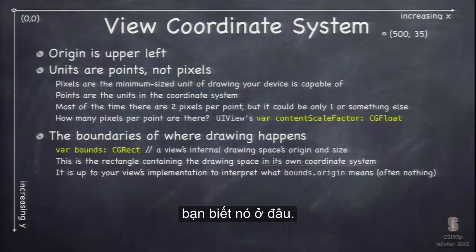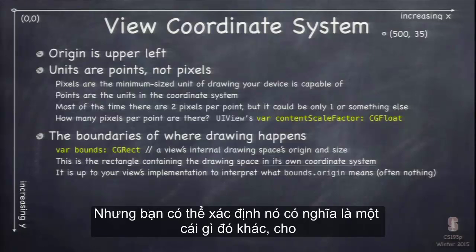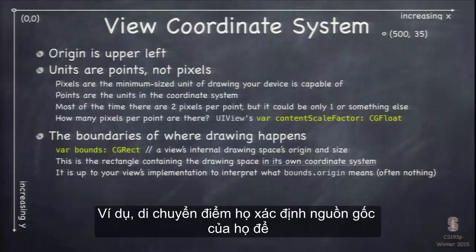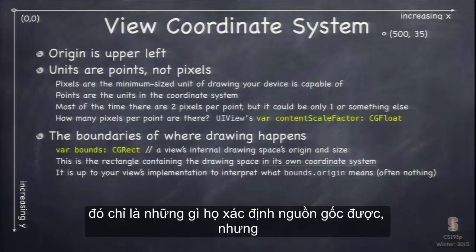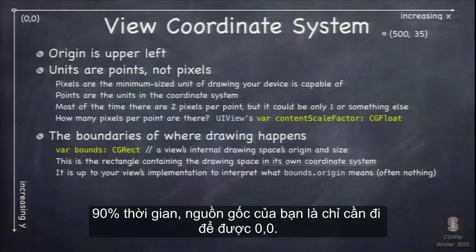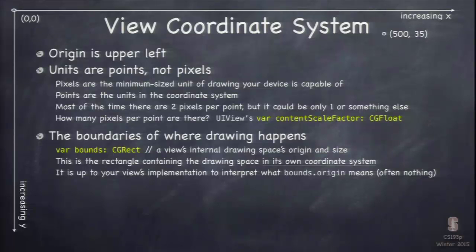Now, the origin of your bounds usually is 0, 0, but you could define it to mean something else. For example, scroll views define their origin to be where they are in the thing they're scrolling. That's just what they define origin to be. But 90% of the time, your origin is just going to be 0, 0. And so the width and height is what you're going to care about. How big a space am I drawing into?